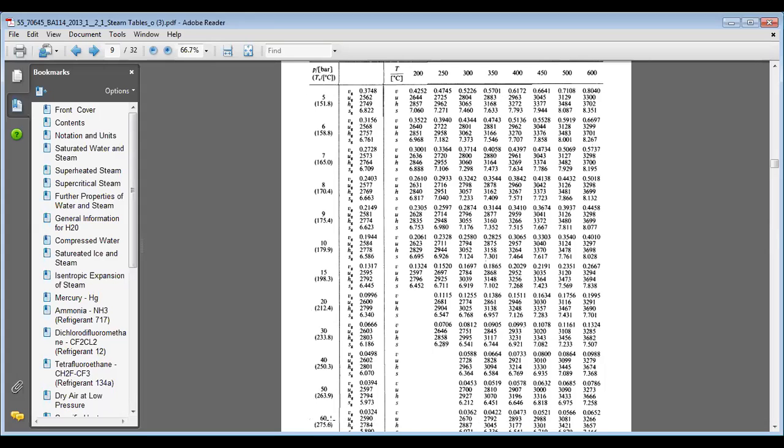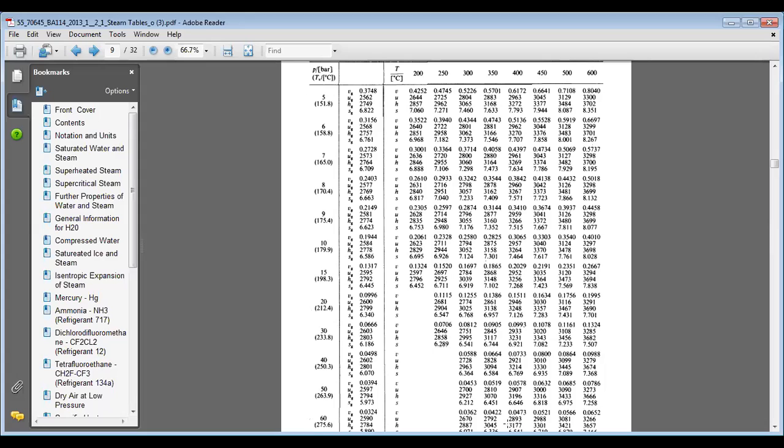At 60, your saturation temperature is 275.6. So anything, the steam at 60 above 275.6, it is superheated. Okay, so fourth from the right.